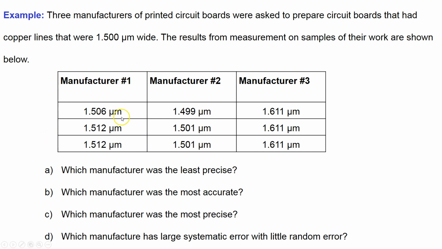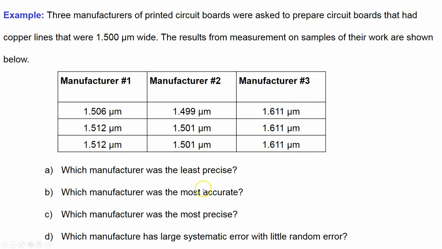So manufacturer 1 had 3 samples where they were all a little bit too big. Manufacturer 2 had 3 samples where we have one that's too small and 2 that are too big. And then manufacturer 3 had 3 that were all too big.